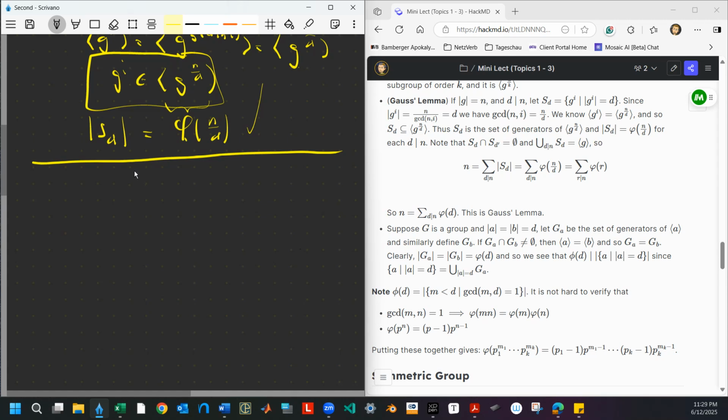The next one looks at this again in the case where the set of things of order D is not sitting inside a single cyclic group. That's the point of this next result.